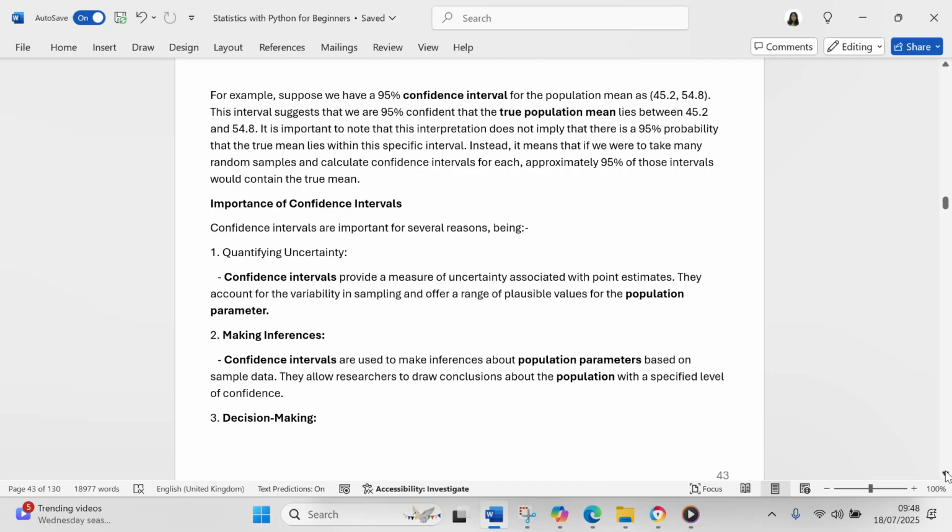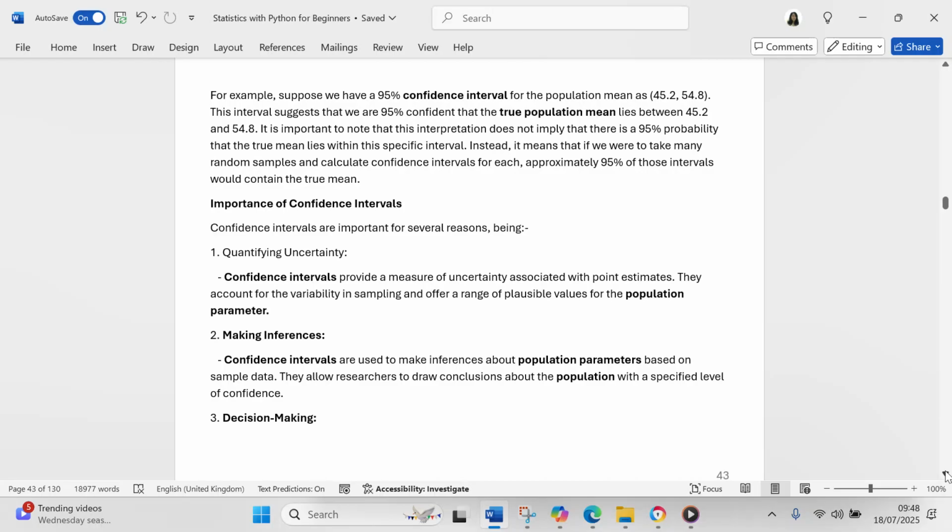So, for example, suppose we have a 95% confidence interval for the population mean of 45.2 to 54.8. This interval suggests that we are 95% confident that the true population mean lies between 45.2 and 54.8.